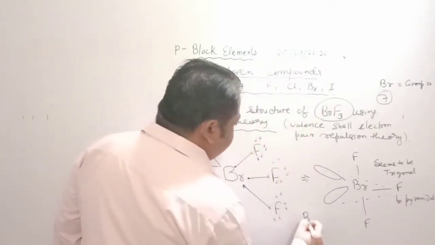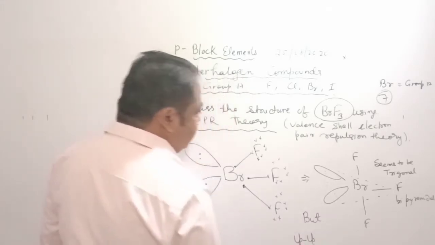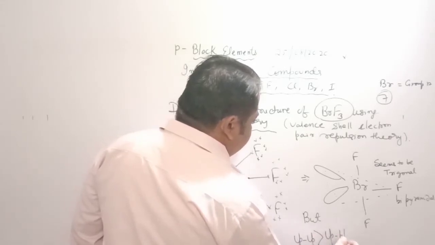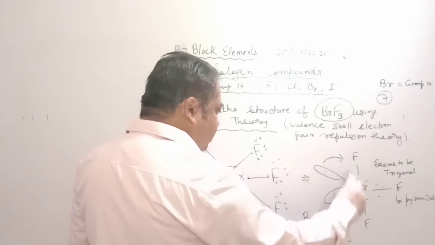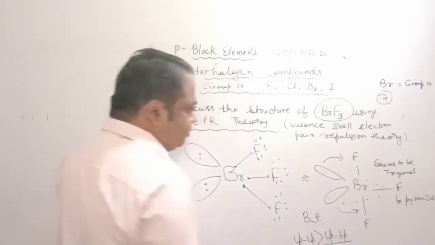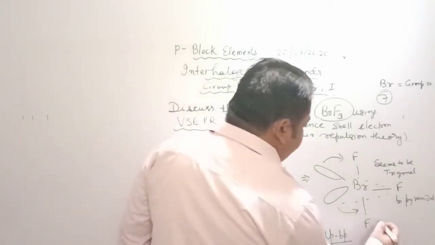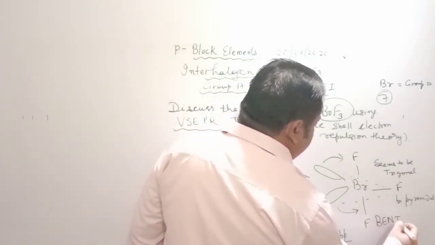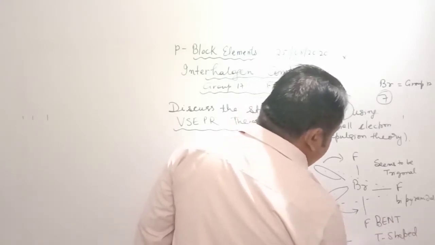But we know that lone pair-lone pair repulsion is more than lone pair-bond pair repulsion. As a result, this lone pair of electrons will repel these 2 fluorines, and as a result it will assume a bent T-shaped structure.